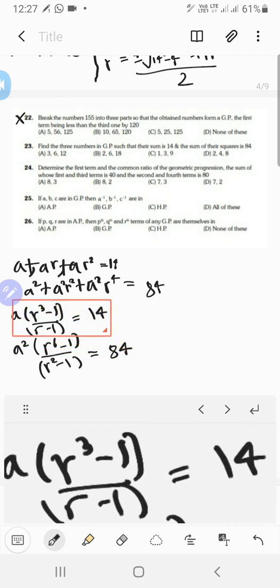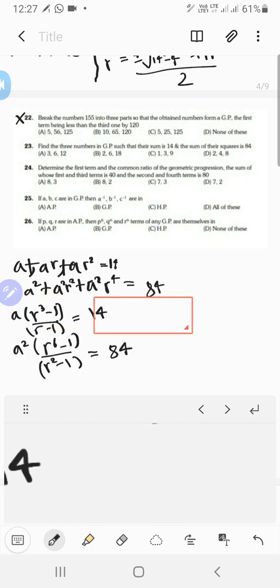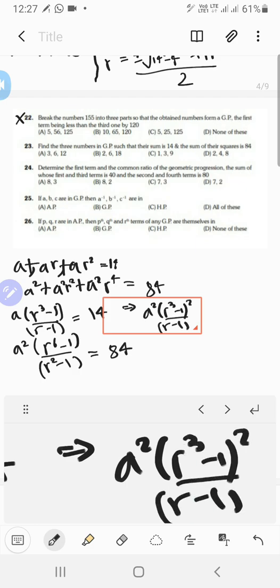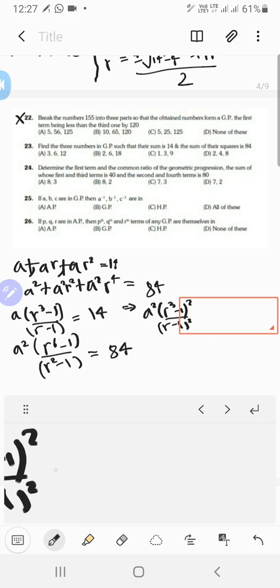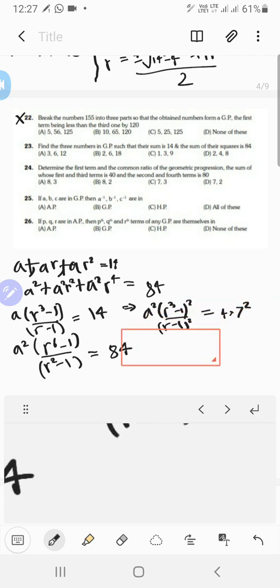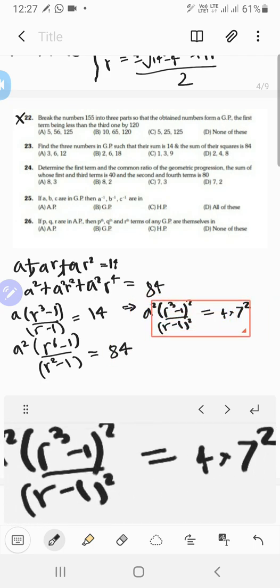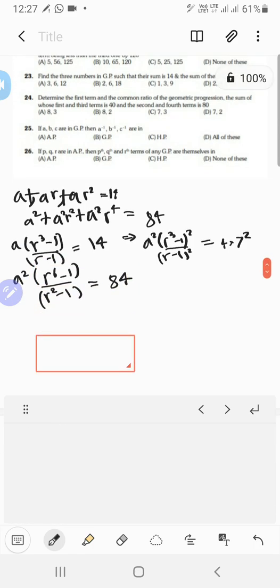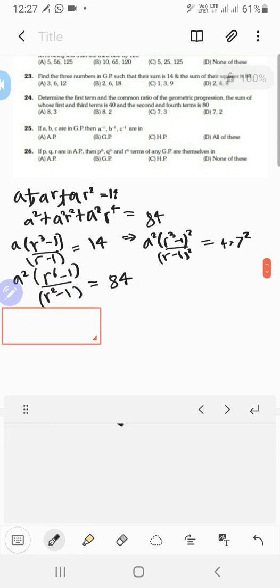So what we can do instead is first square this. That would give us a squared times r cubed minus 1 squared upon r minus 1 squared, which is nothing but 14 squared, which is 4 into 7 squared. Now we can divide this equation by the other equation to eliminate those a squares.